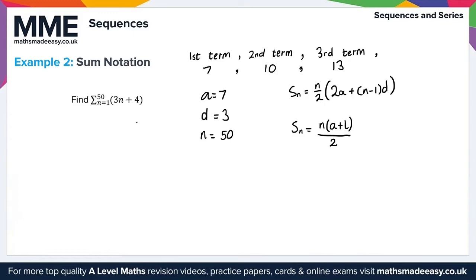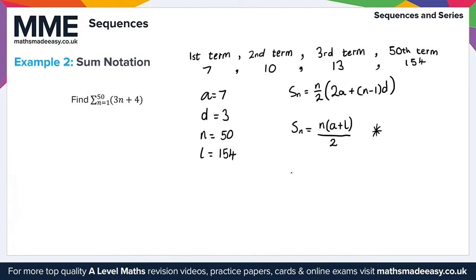So I'm going to calculate the 50th term, which again is obtained by substituting n equals 50 into this expression. That's going to give us 3 times 50, which is 150, plus the 4, simply giving us 154 for our 50th term. All I'm going to do now is use the fact that the last term is 154 and use this formula for our summation of the first 50 terms.